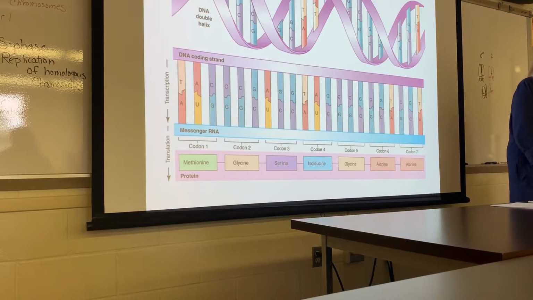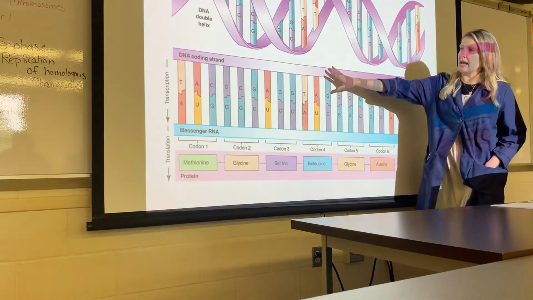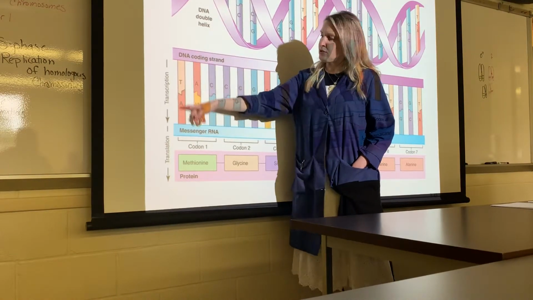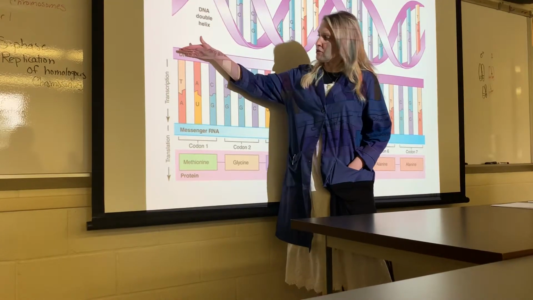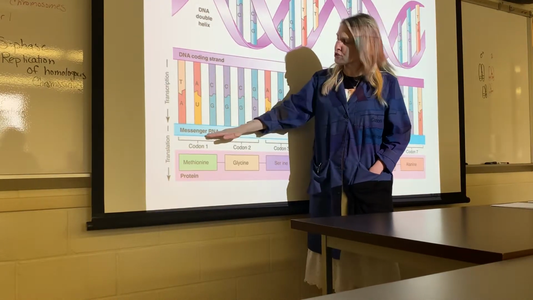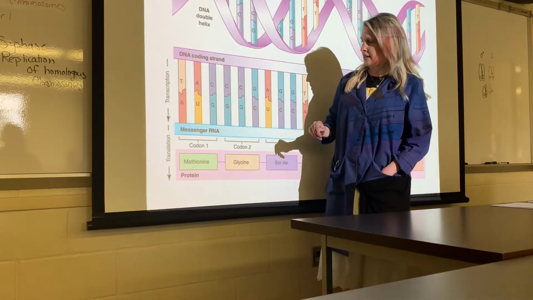Okay, so this is our DNA, this is our coding strand. This is showing us transcription. This is a nice diagram to show both transcription and translation. So this is our coding strand, our triplet TAC. Messenger RNA has the codon sequence AUG.